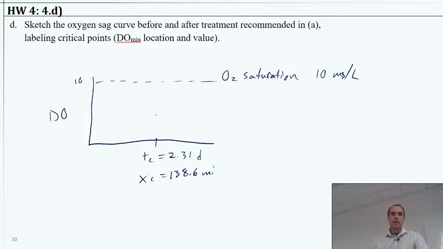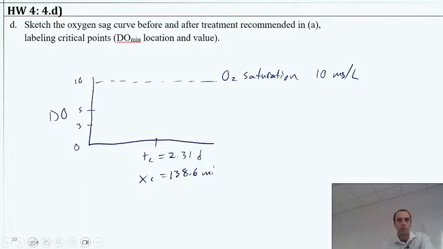The difference between that and our point would be the deficit. So a deficit of 5 would be right in the middle. A deficit of 7 would give us a value of 3 milligrams of oxygen remaining per liter. So our bad case scenario goes down to the 3 mark.